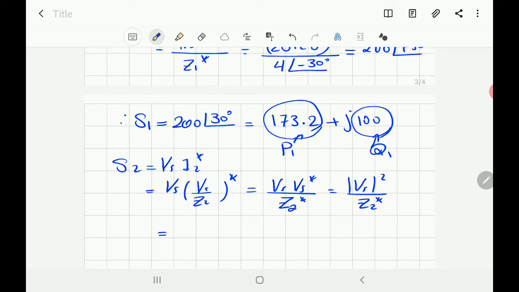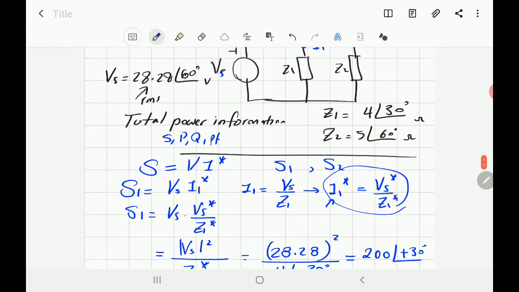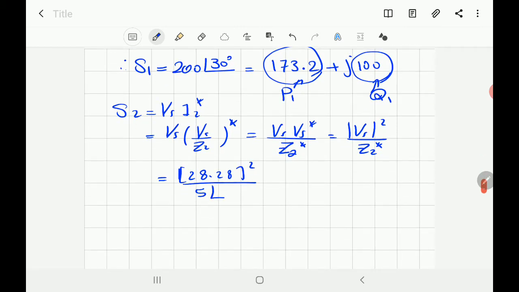The magnitude is 28.28 squared. Z2 is 5 on angle 60, so the conjugate is 5 on angle minus 60.